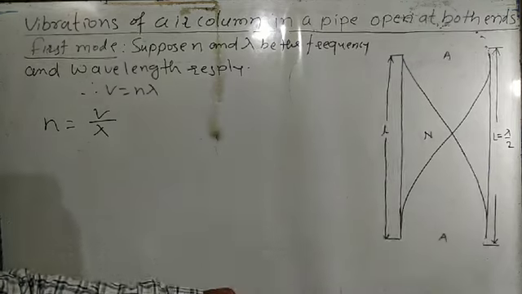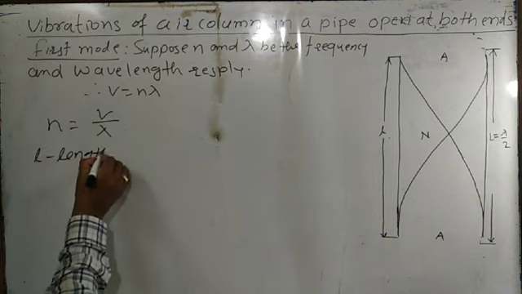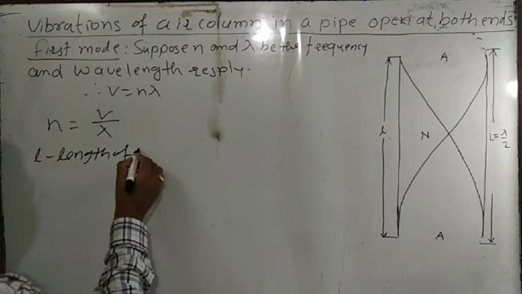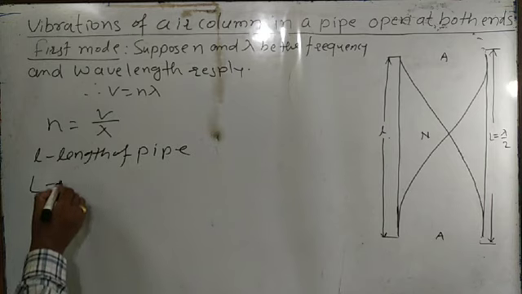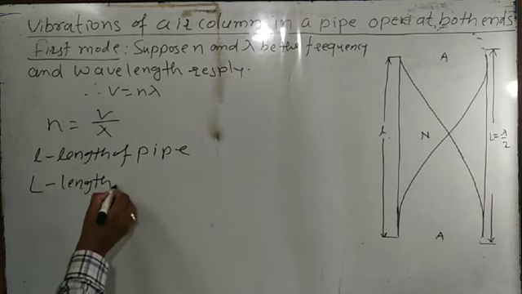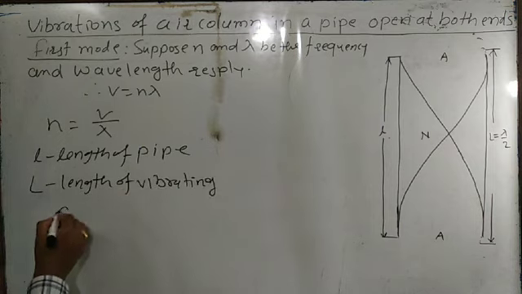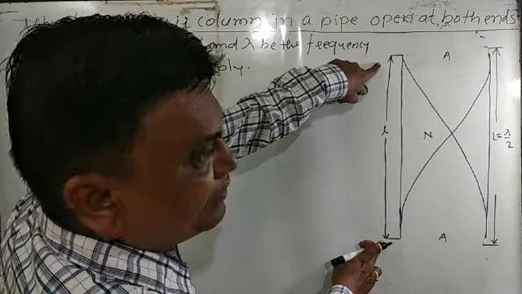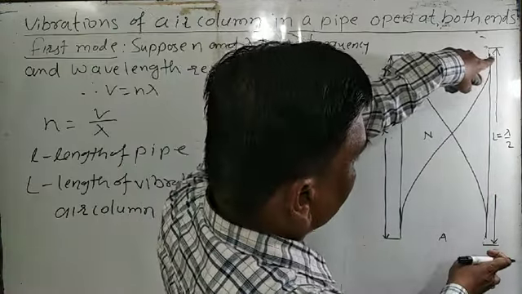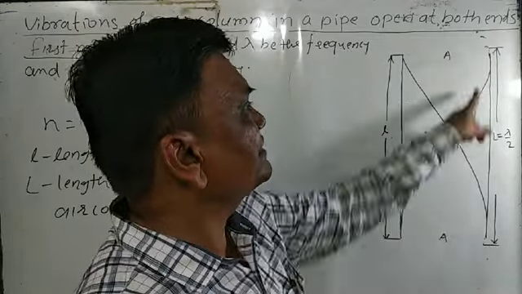In this mode, small l is the length of pipe and capital L is the length of vibrating air column, because there is an end correction at both the ends, since both the ends are open.